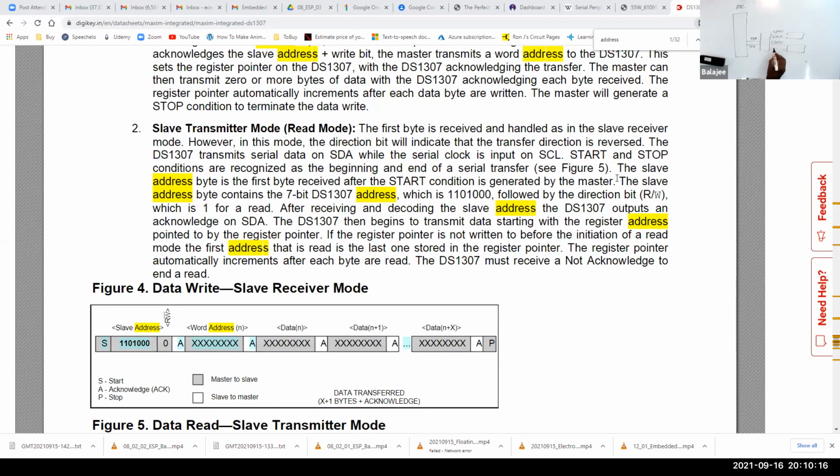What is this device? Anybody? What is this device? This is called an I2C mux.